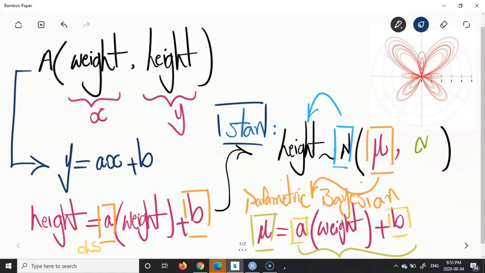Our mean of a normal distribution is not explicitly defined for you; it is a kind of parameter, like the parameter equation that I have a plot of here. Now this mu, the average, is that function that we thought of before, which is going to be A times weight plus B.